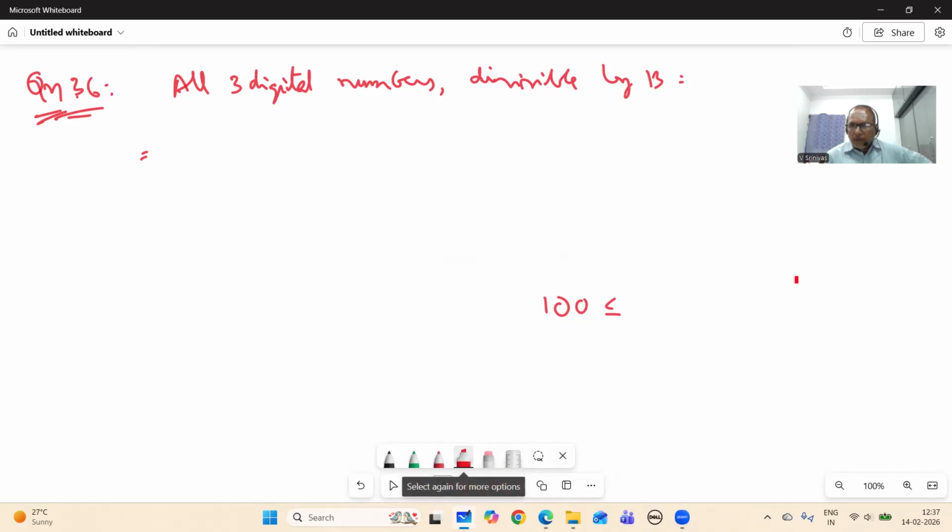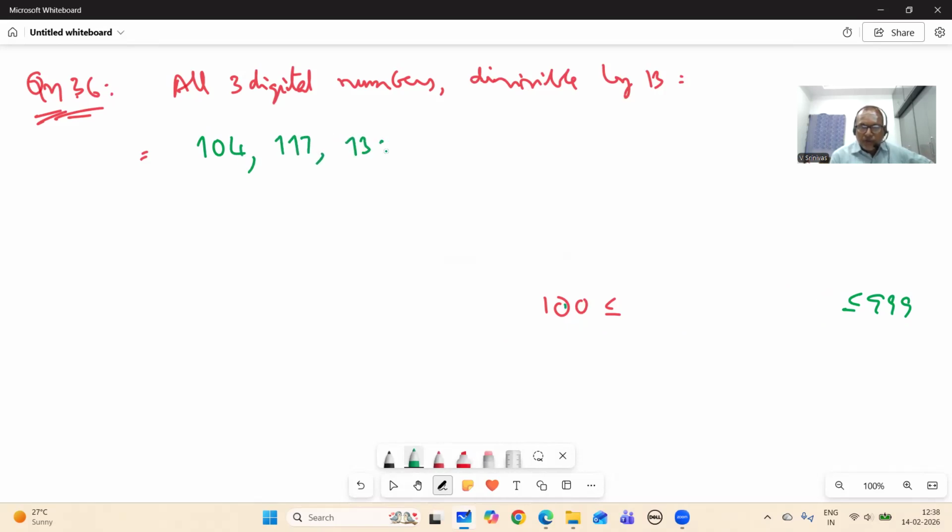They have to be 3-digit. So these numbers must lie between 999 and 100. 100 is not divisible by 13. What is the next? 7 13s are 91. Next one is 8 13s are 104. So these start with 104. Next will be 117. Next will be 130 and so on.